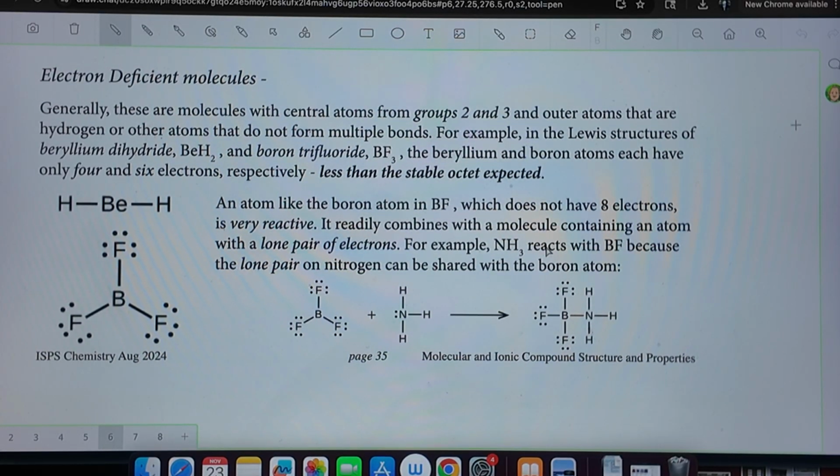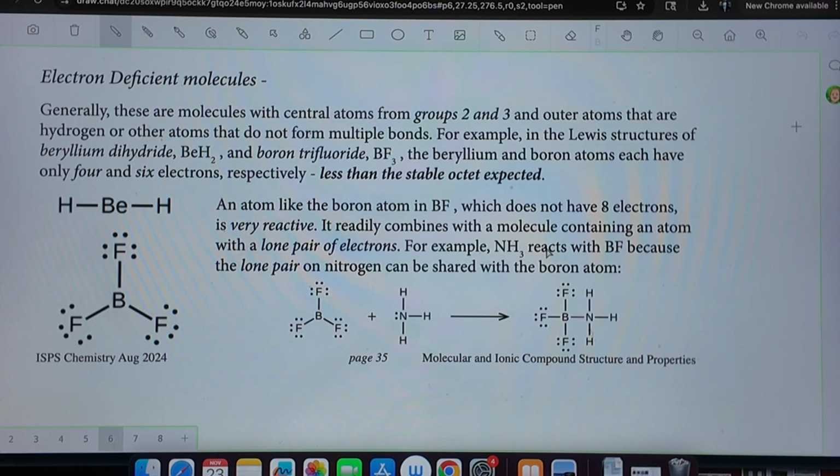Electron deficient molecules. Generally, these are molecules with central atoms from group 2 and 3, and outer atoms that are hydrogen or other atoms that do not form multiple bonds. For example, in the Lewis structure of beryllium dihydride, BeH2, and boron trifluoride, they have fewer bonds than they should.